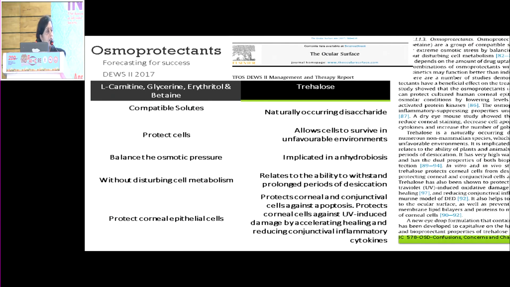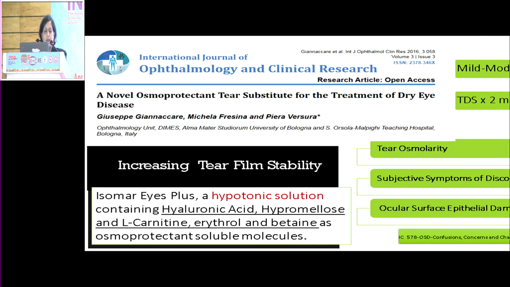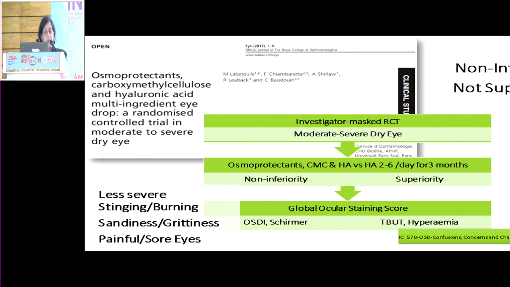What are they? Carnitine, glycerine, erythritol, and trehalose. These are examples. Pro-inflammatory markers and an innate inflammation in dry eye disease have confirmed the help of such agents in controlling the inflammation and increasing the tear film's stability.